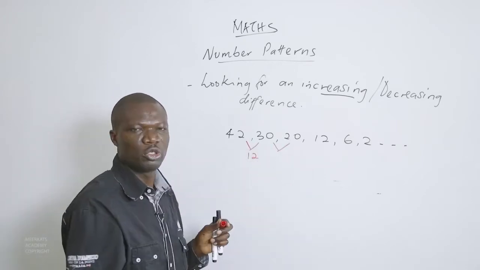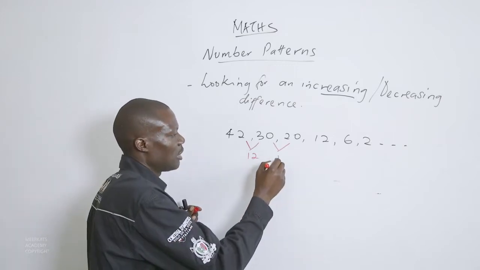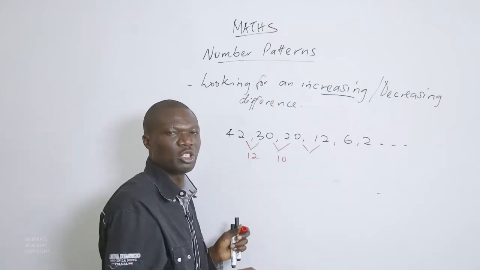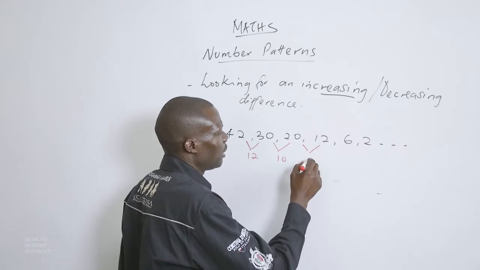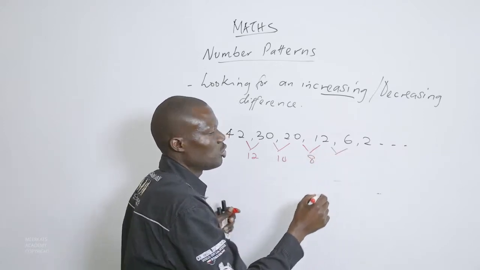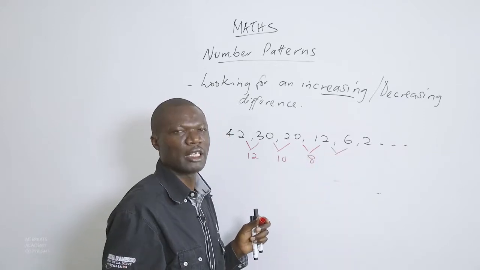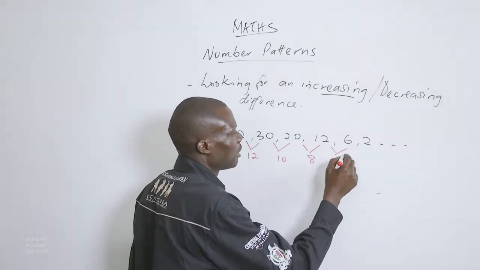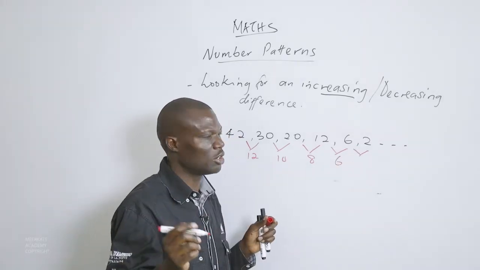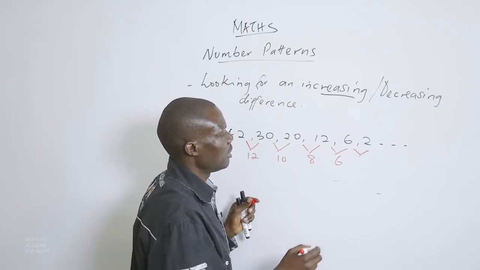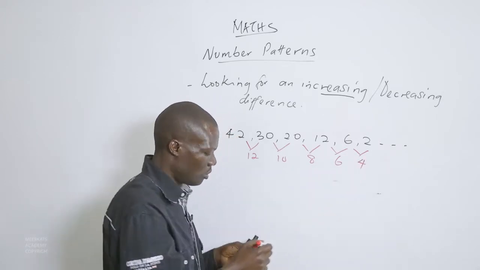The difference between 20 and 30 is 10. The difference between 12 and 20 is 8. The difference between 6 and 12 is 6. The difference between 2 and 6 is 4.